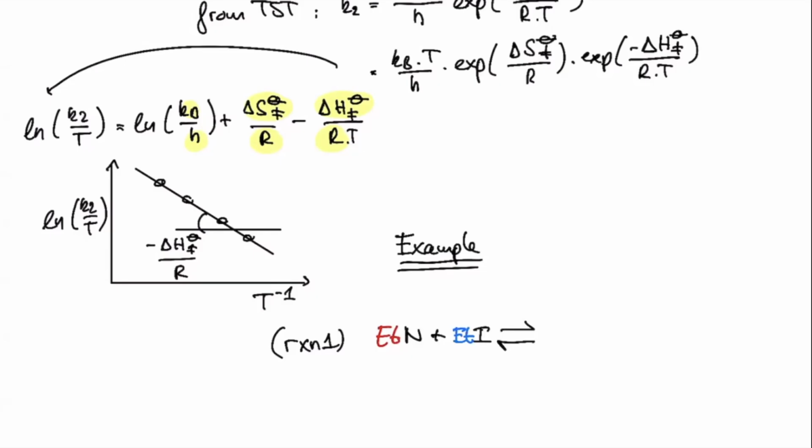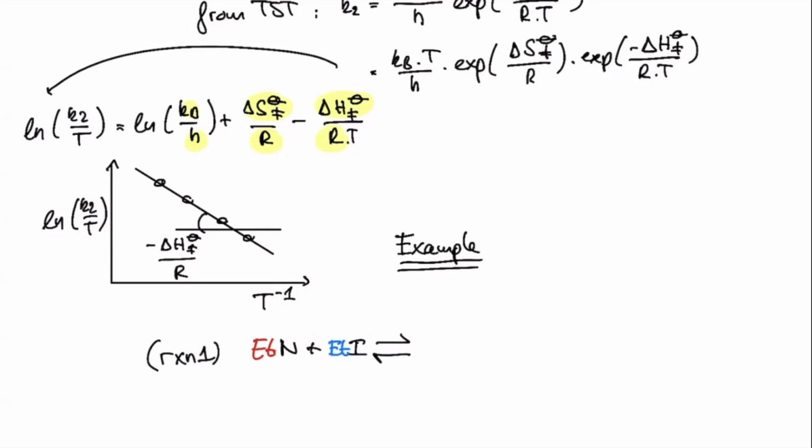Sorry, move this a bit. It's not going to fit. Okay, there we go. So we have ethylamine iodide, delta plus, delta minus.